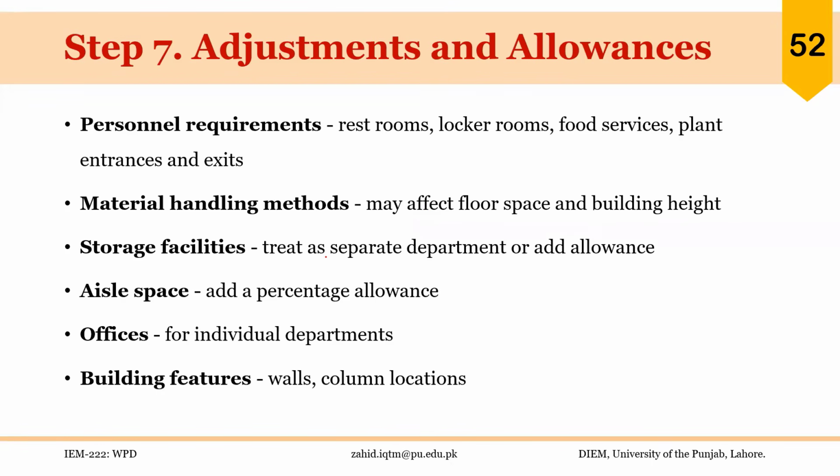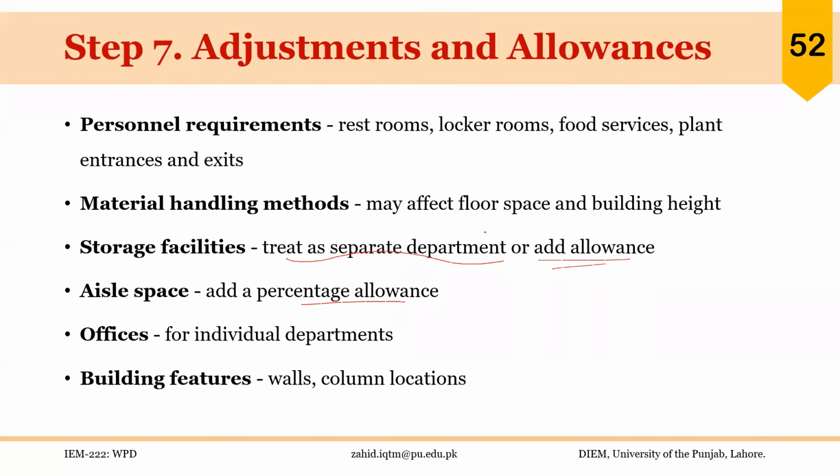Storage facilities also require some area. We could add a separate department for storage, or if the storage takes place within the department, then we will add some allowance for that. Then there is the allowance for aisle space, offices, and so on.